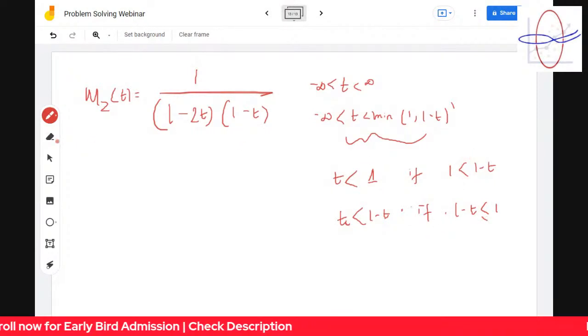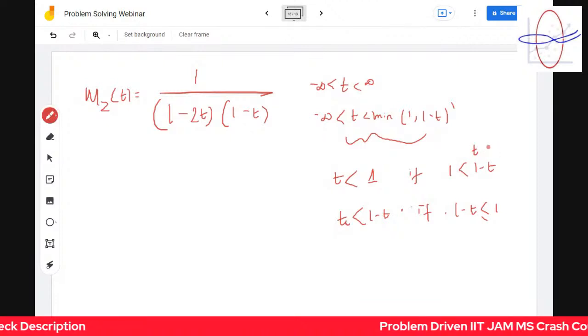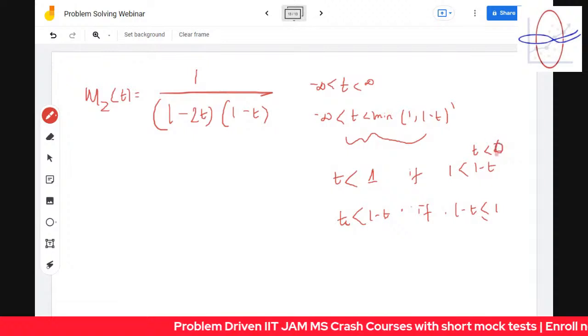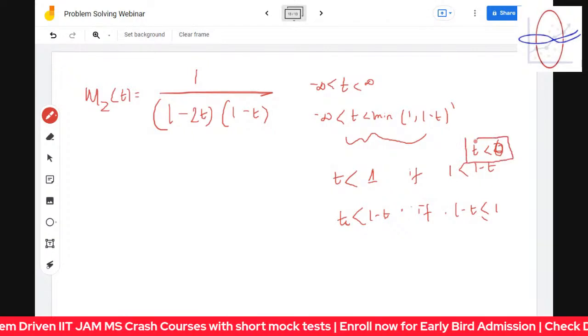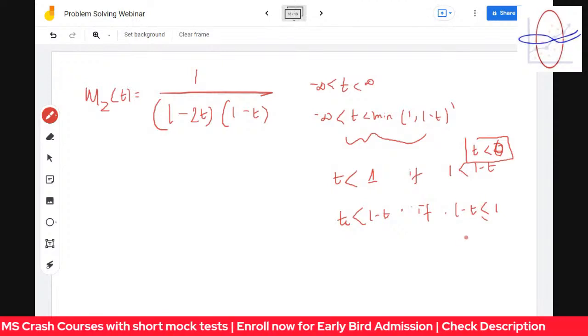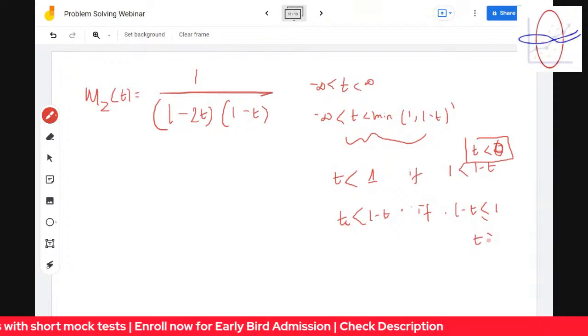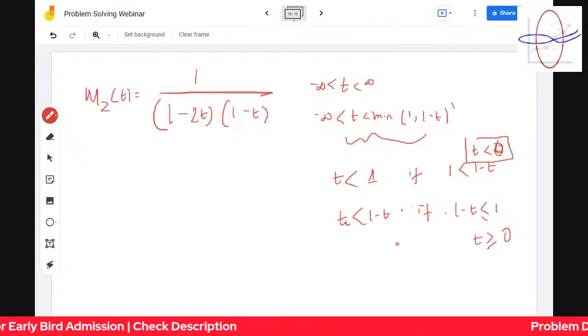That means t is less than 1 if t is less than 0. And here it means t is greater than or equal to 0, and here it means t is less than half.